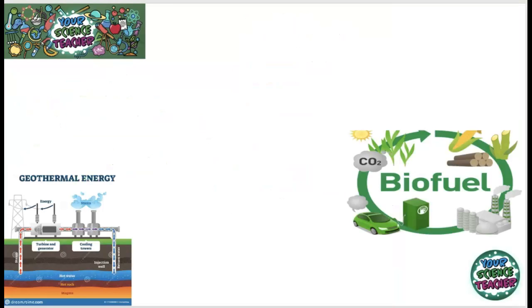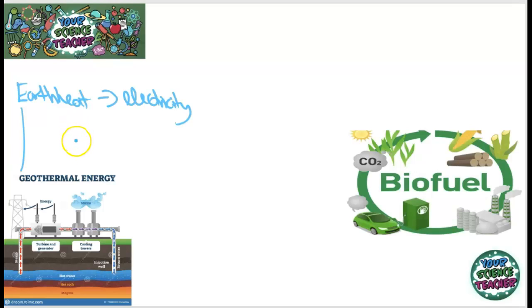So we've had a look at some different types of energy resources that we can use a lot more sustainably. And here's an example of another one down here, geothermal energy, which converts the Earth's heat into electricity. And this resource would be absolutely fantastic. The reason why is because there's no fossil fuels involved. It produces loads and loads of energy.